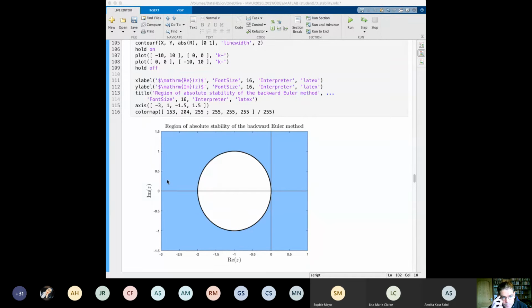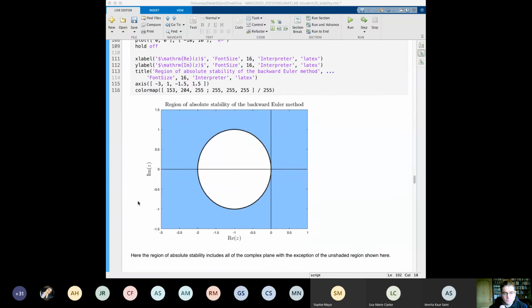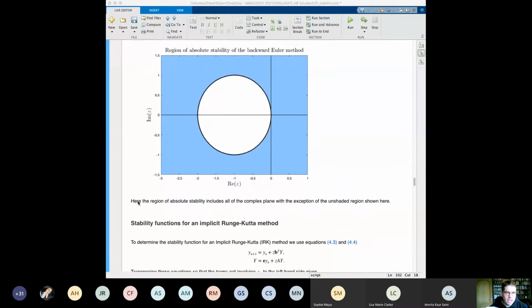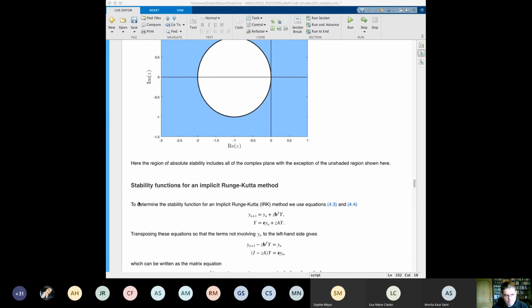Therefore, we've got a much greater range of values which h can take for which the backward Euler method is stable. That reinforces the main benefit of implicit Runge-Kutta methods. We've seen last week that they're harder to apply and take more effort, but they have much better stability properties.